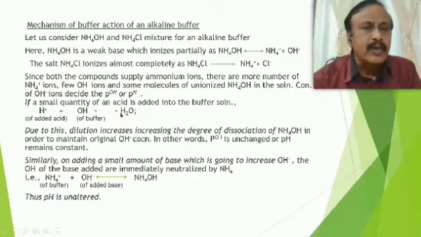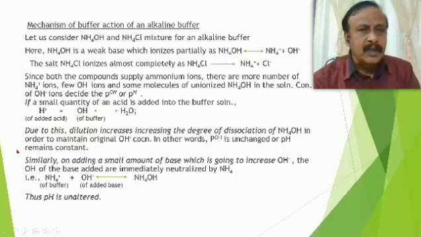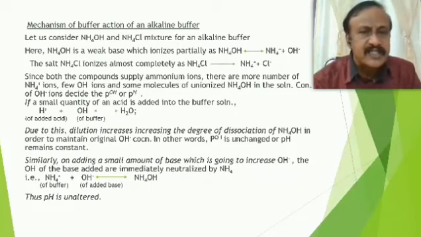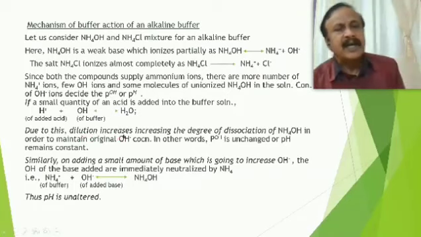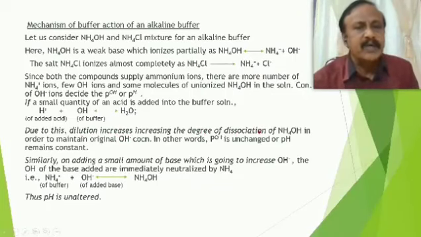So what is the net change? H plus concentration is not going to increase, but OH minus decreases. The OH minus concentration goes below the original value. Since there is formation of water, the concentration of the solution decreases, or dilution of the solution increases. We all know that the degree of dissociation of a weak electrolyte, here ammonium hydroxide, increases with increase in dilution.